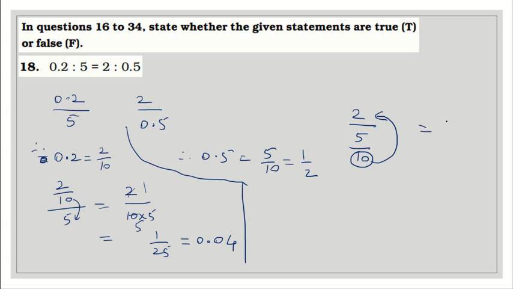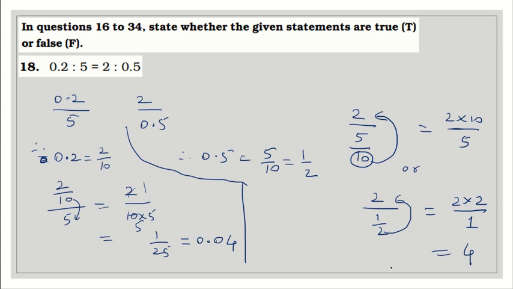It becomes 2 into 10 by 5, or I can write 2 by 1 by 2. The denominator of that half will go up. It becomes 2 into 2 by 1. Both are the same. So 2 twos are 4, 4 by 1 is 4.